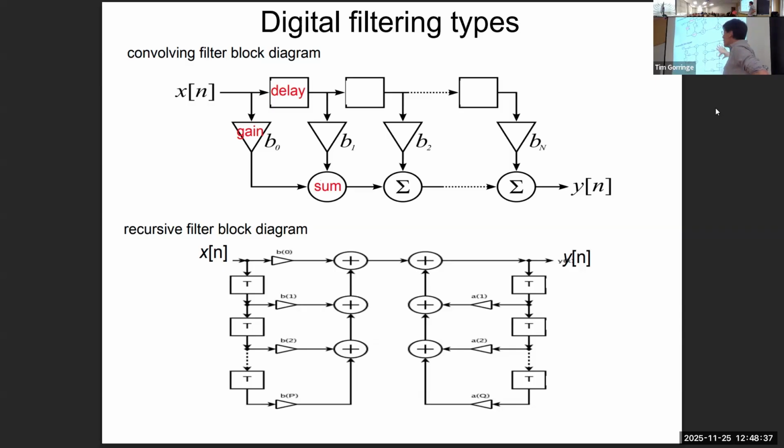So there's no feedback in the convolving case. There is feedback in the recursive case. There is a limited memory in the convolving case. There is an infinite memory in the recursive case.